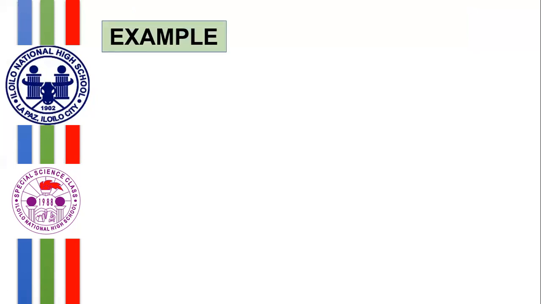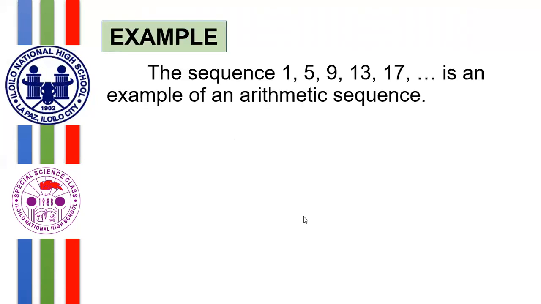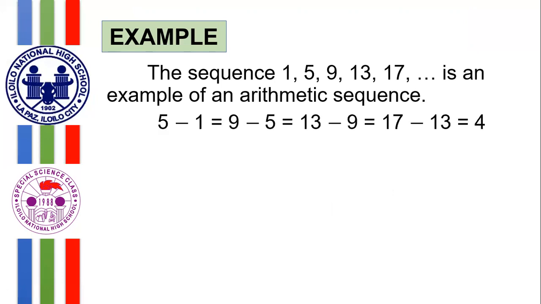Let's have an example. If you have the sequence 1, 5, 9, 13, 17, and so on, if you have this infinite sequence, this is an example of an arithmetic sequence. Why is that so? Because if you could see, the second minus first, so 5 minus 1, it's equal to 9 minus 5, 13 minus 9, 17 minus 13.